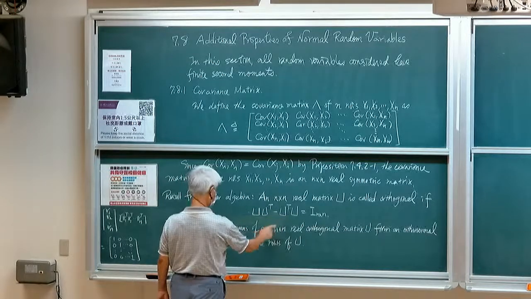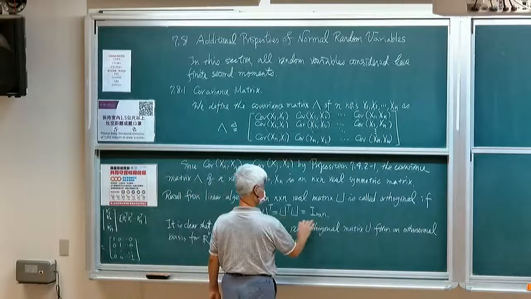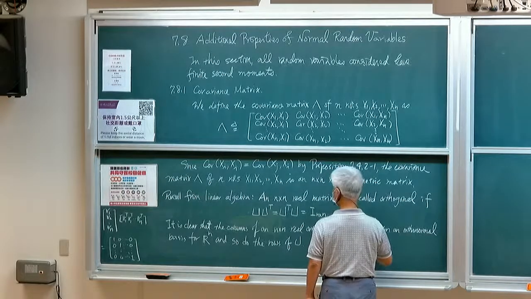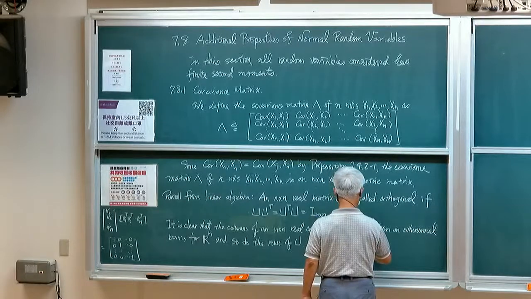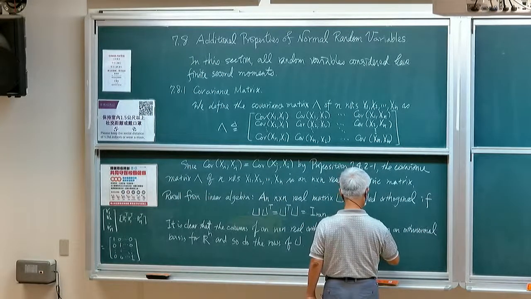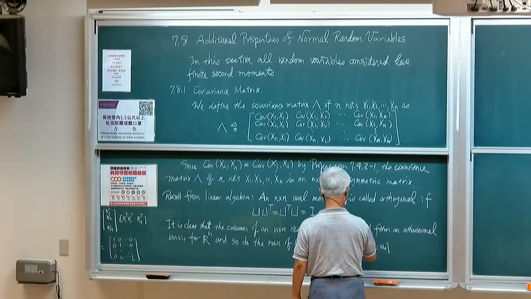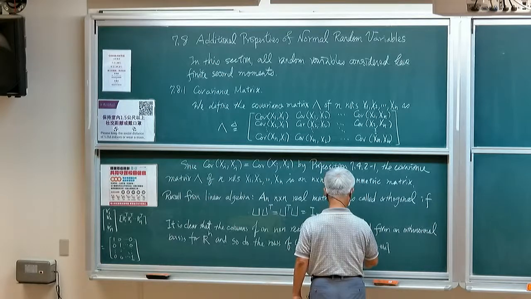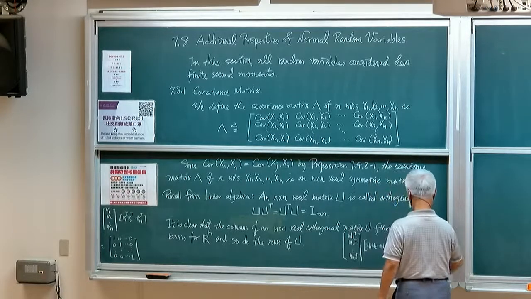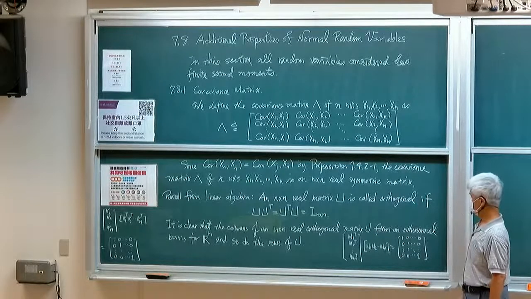And similarly from this identity, if we write U as columns U1, U2, up to UN, then U transpose becomes U1 transpose, U2 transpose, up to UN transpose. So this is equal to the identity.